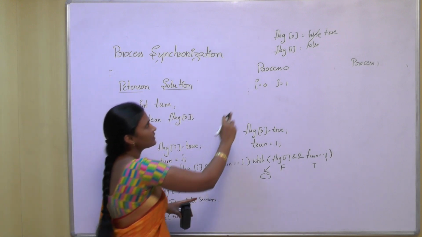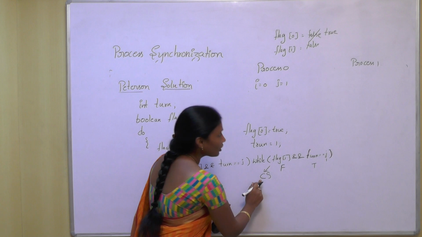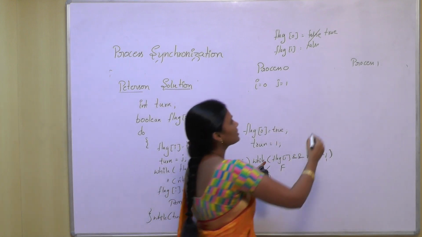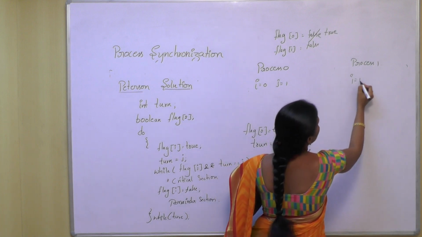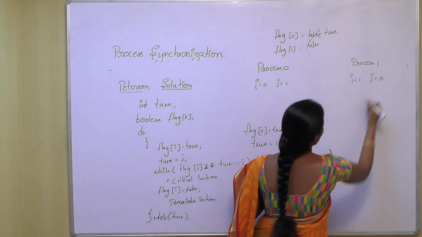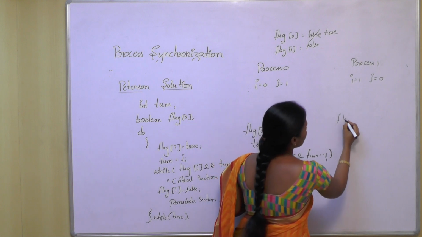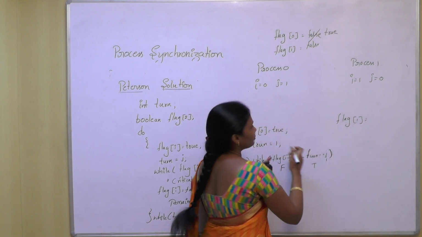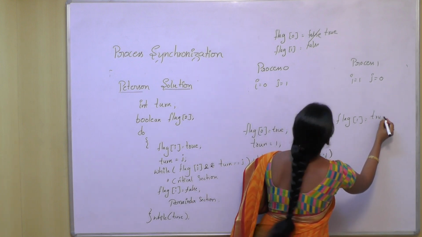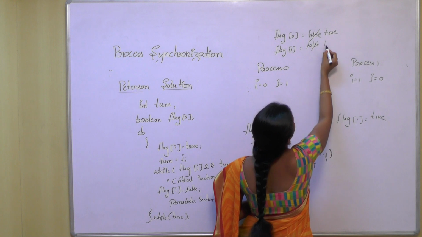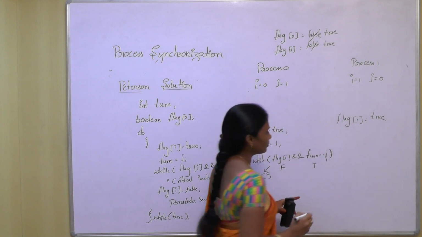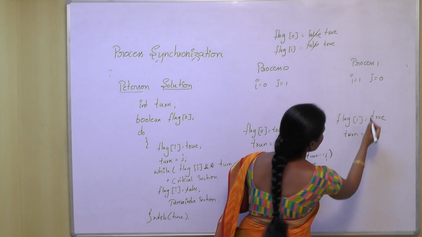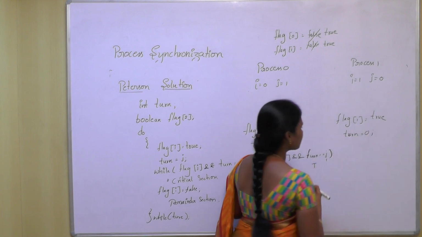Now, if process 0 is in the critical section, process 1 wants to enter into the critical section. Initialize the values i equals 1 and j equals 0. Flag of 1 equals true, and turn equals j, where j is 0.